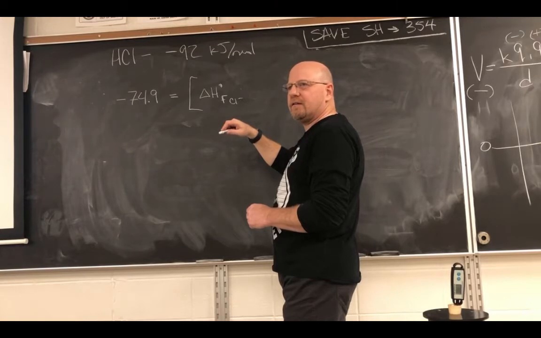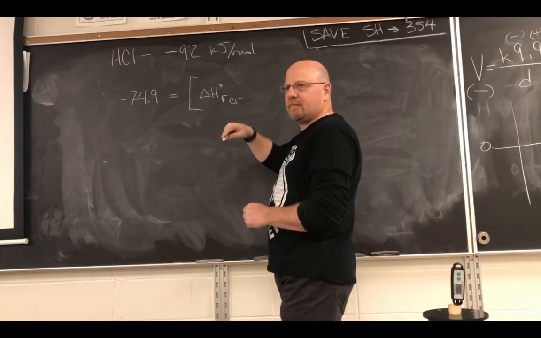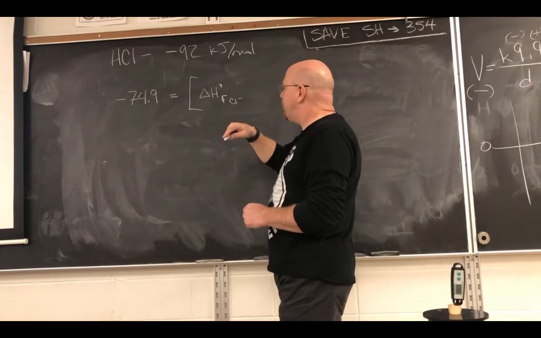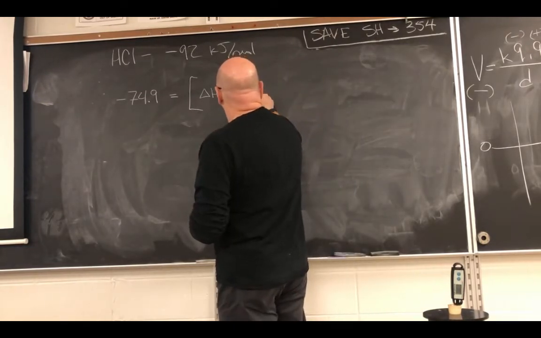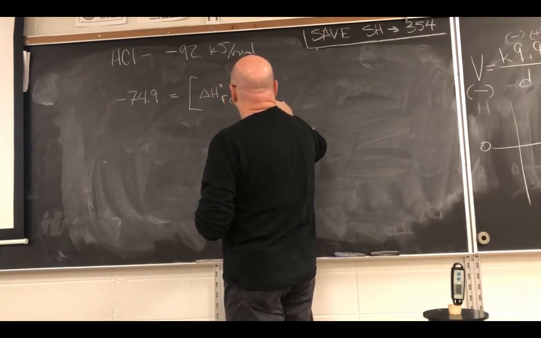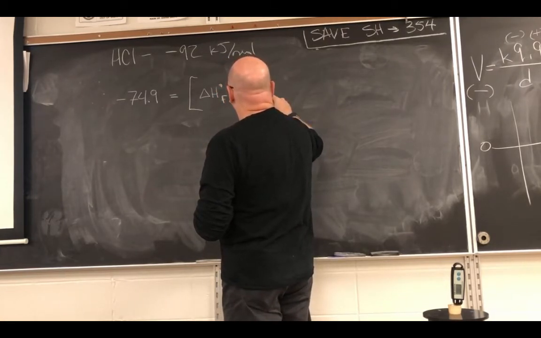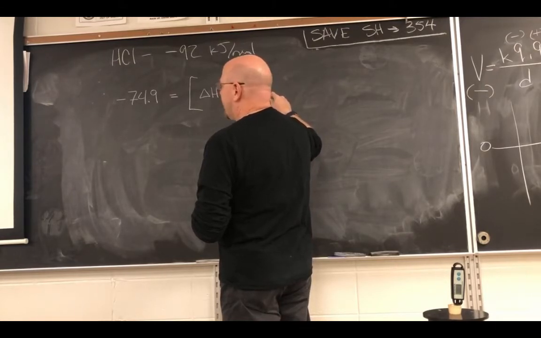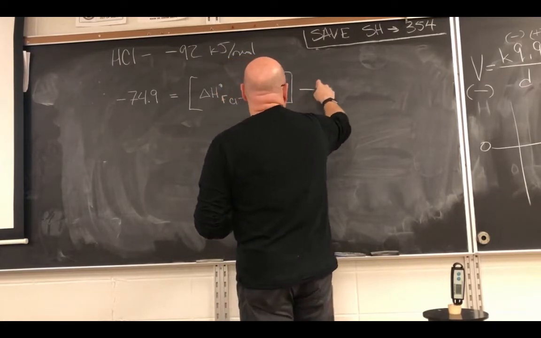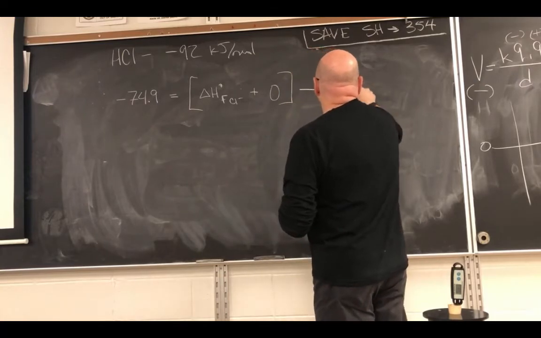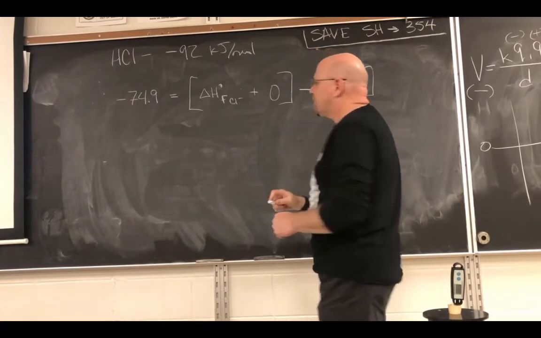That's what you're finding. Yeah, that's your unknown, right? So then plus. Plus 92. Don't you want to close that off first and then do the minus negative 92? What's my other product? Zero. Okay. So then go minus the negative 92.